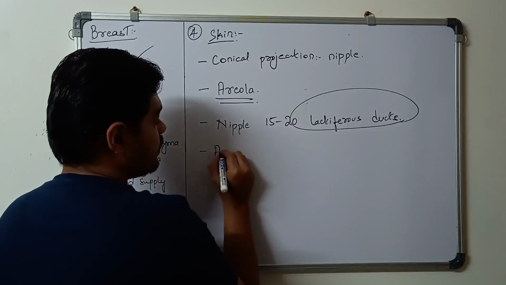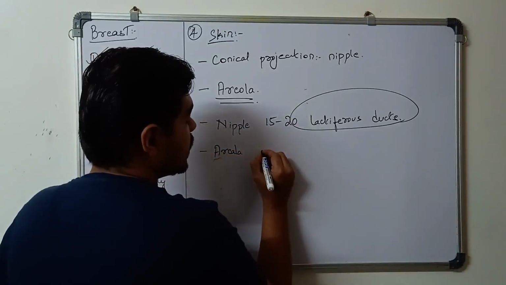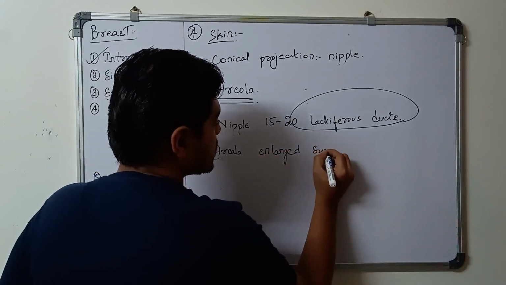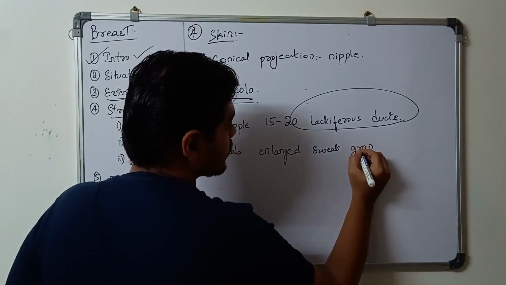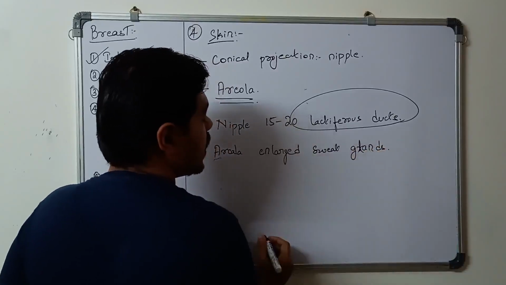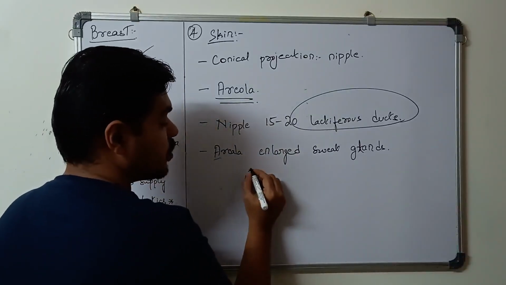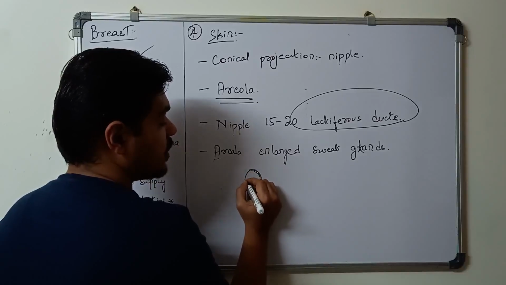Now the areola contains enlarged sweat glands around its periphery. This is the nipple and this is the areola. There are enlarged sweat glands around the margin.